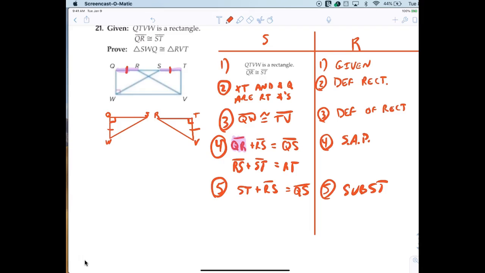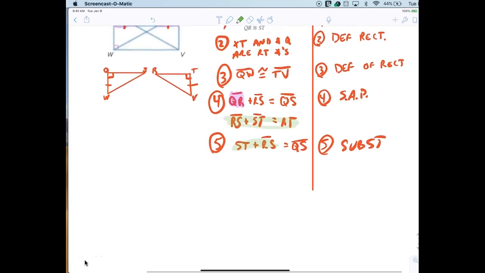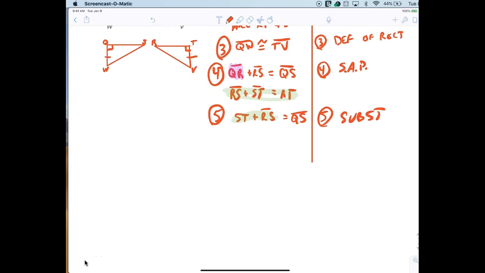Now, what I'm trying to show you now is I think it's really important, so I'm going to highlight it again. See this step right here? And this right here. So now what's true? Do you agree with that? Good job. So step 6, we would say QS is congruent to RT, and again, that's just a what?